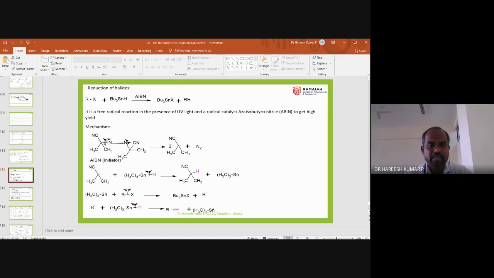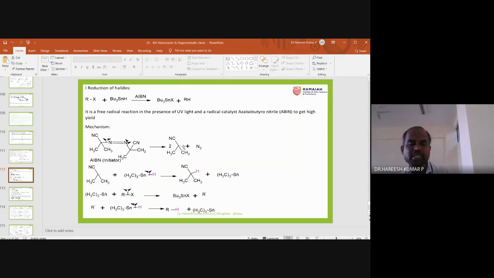One electron from here, one electron from there, a byproduct N2 goes out, forming an isobutyronitrile radical. This is how the free radical is initiated.